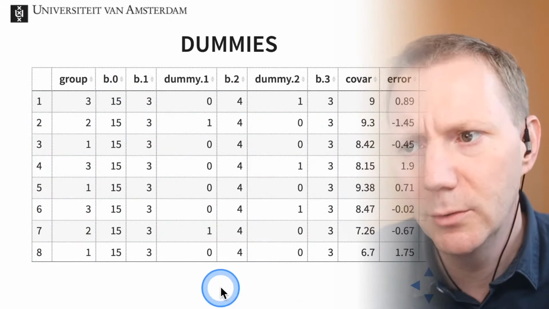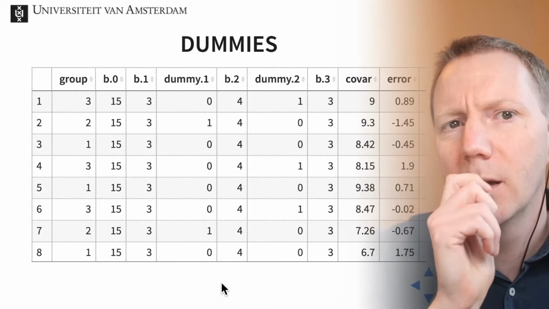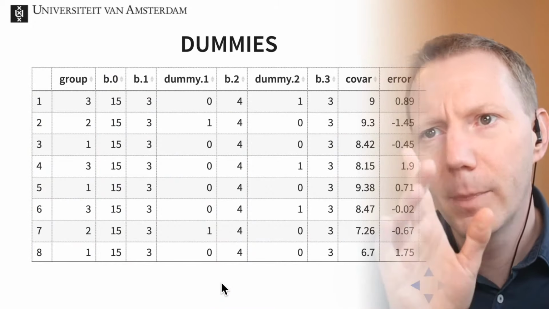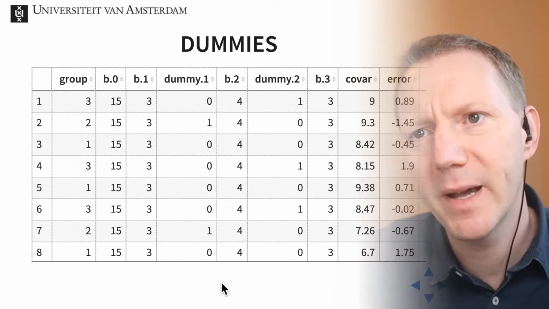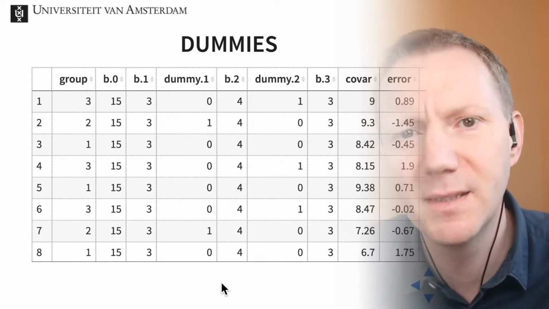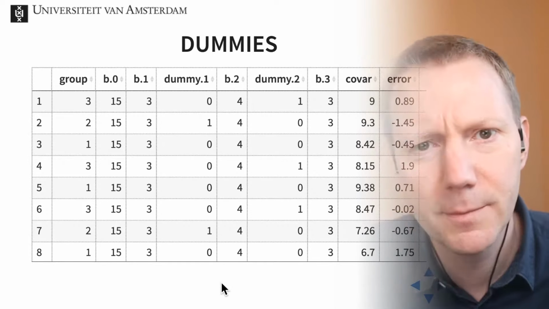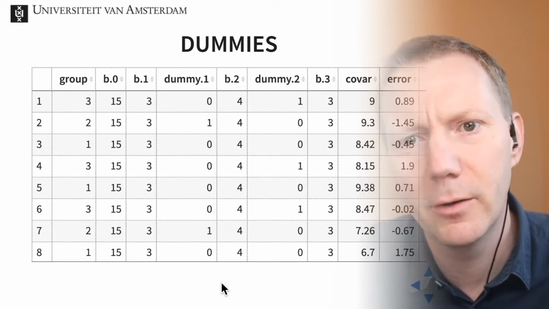Going this route, you should realize what the expected values are if you do not take into consideration the covariate and the error here.